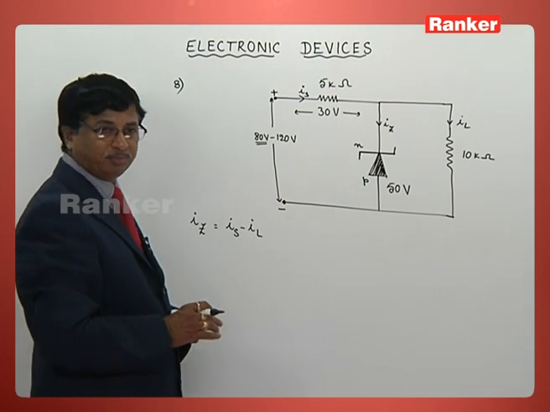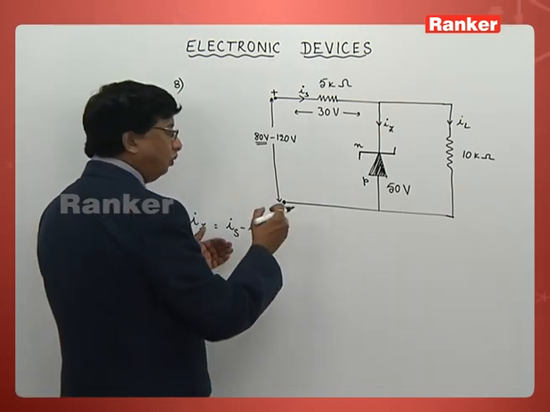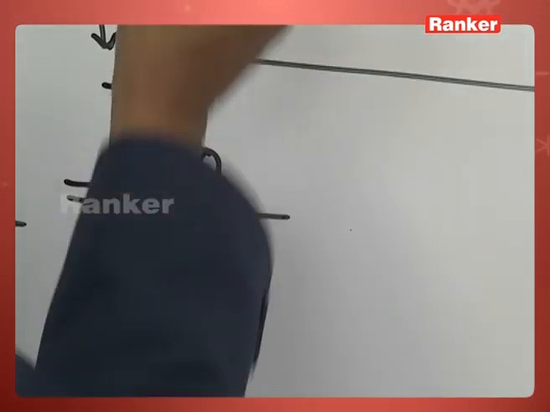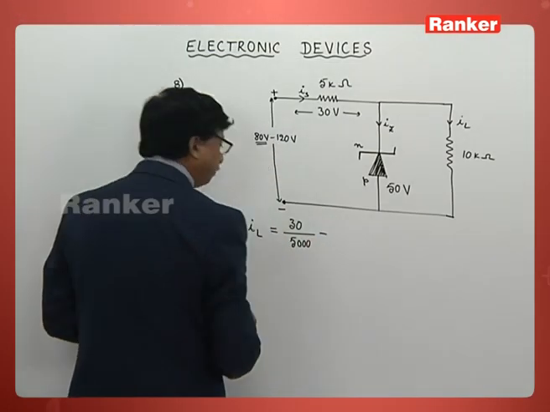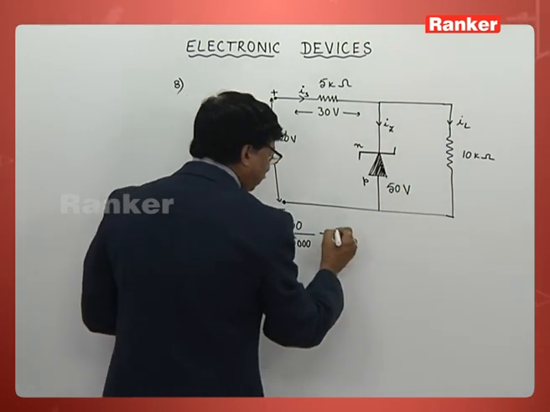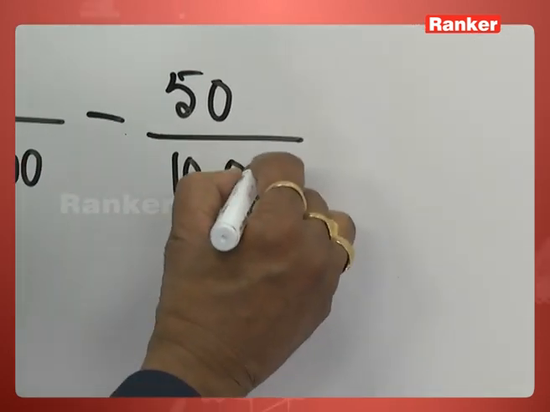That is the point. Now current across series resistance, I is equal to V by R. So we can write 30 by 5 kilo ohm, that is 5000, minus current across the load resistance. What is the PD across this one? 50 by 10,000 ohm.